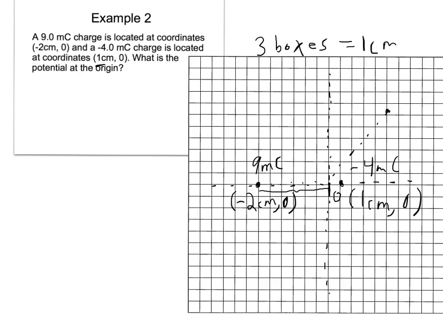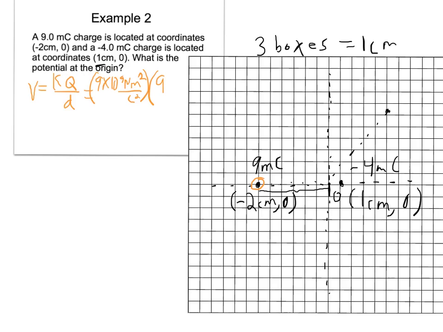Once again, just for the sake of keeping everybody sane, I'm going to color code this. We'll call this the orange charge. Let's start there. I want the voltage from the orange charge relative to the origin. So voltage is KQ over distance. In this case, we are given numbers. K is 9 times 10 to the 9th newton meters squared per coulomb squared.